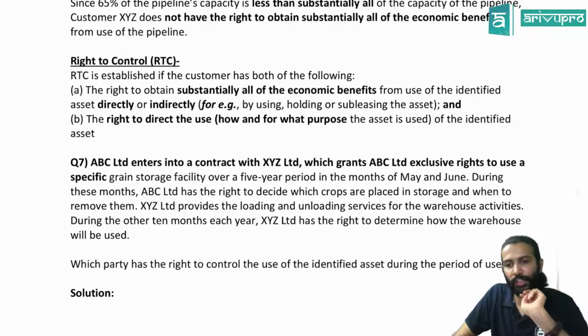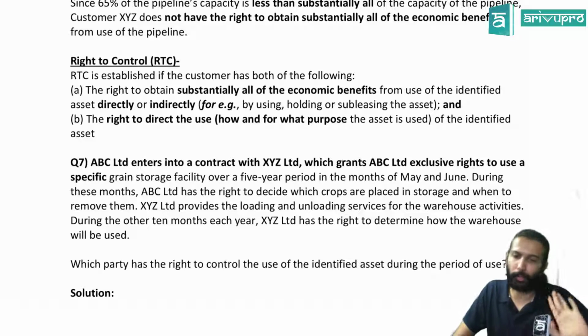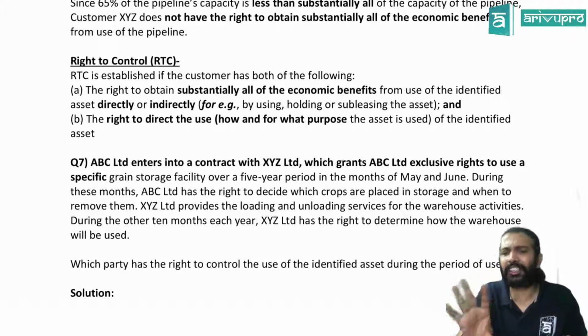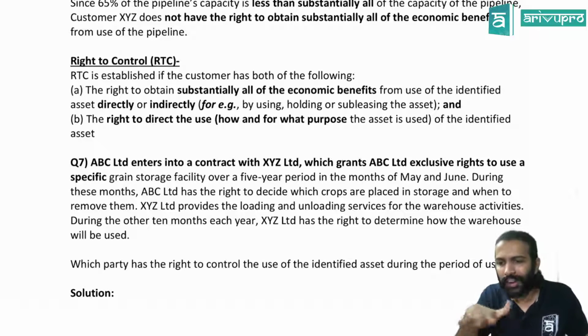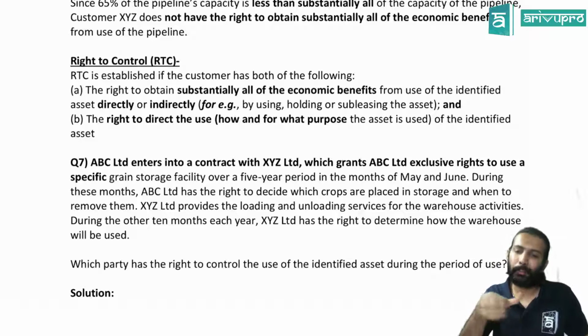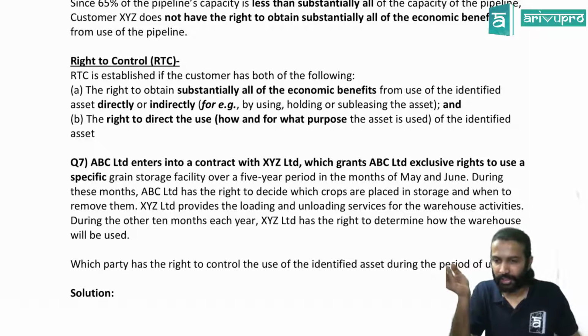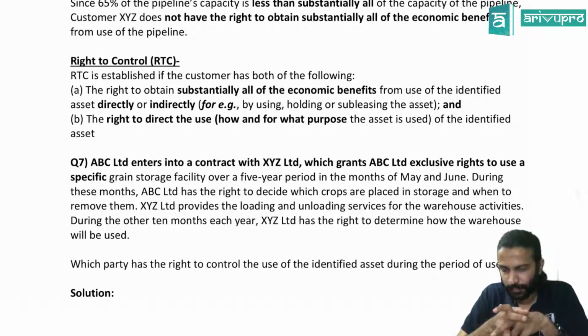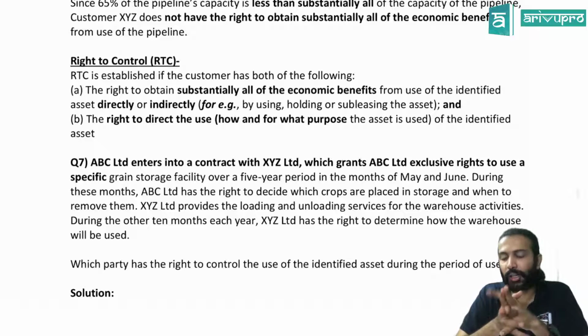You will do a simplistic approach. The lessee will treat lease rental paid as an expense and book it in P&L over a straight line basis or any other systematic basis. If there is any difference between the expense and the amount paid, you will record it as either a prepaid expense or outstanding expense.